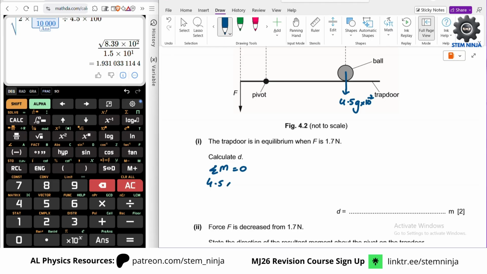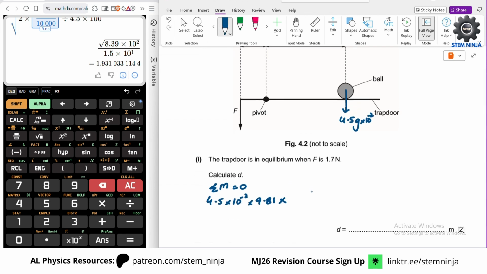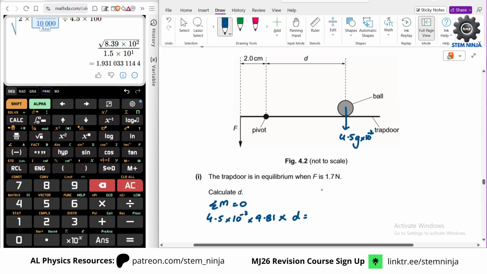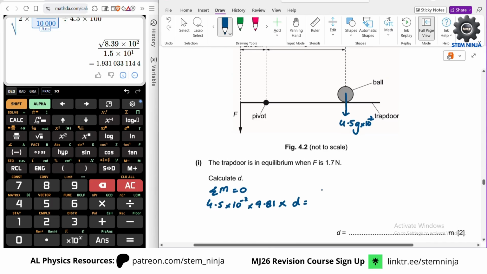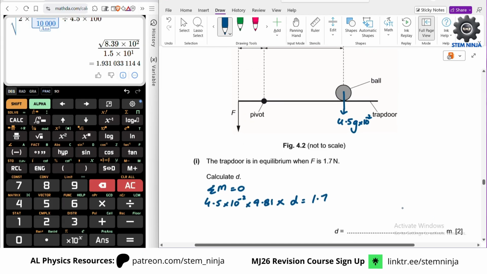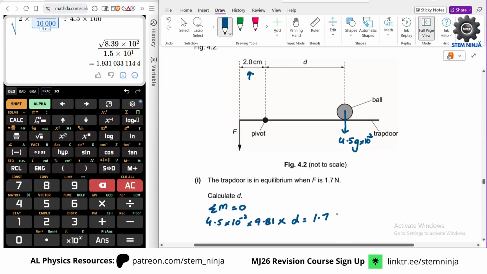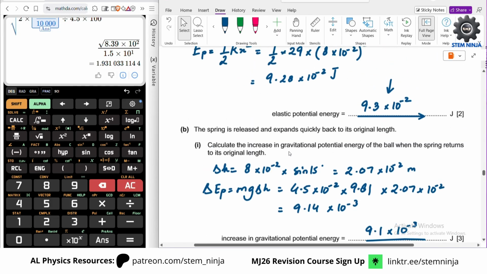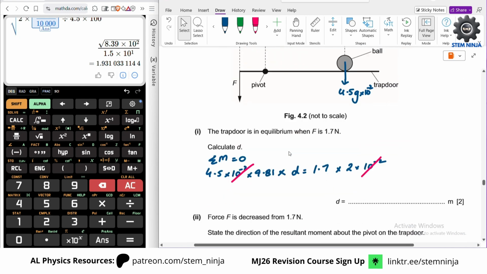So 4.5 times 10 raised to the power minus 2 times 9.81 times d equals 1.7 times 2 times 10 raised to the power minus 2, since we need d in meters. The minus 2 powers cancel.